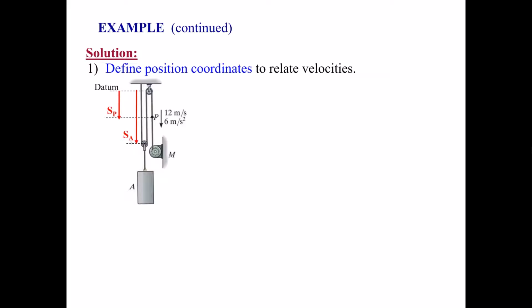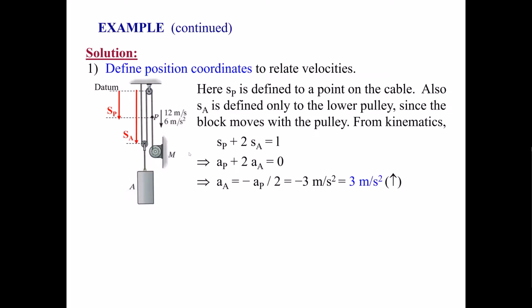And we have SA as our other reference point for our block A. Okay, so we can look at the position of the cable. This is an L. It looks kind of like a one; it came out that way in the slide.